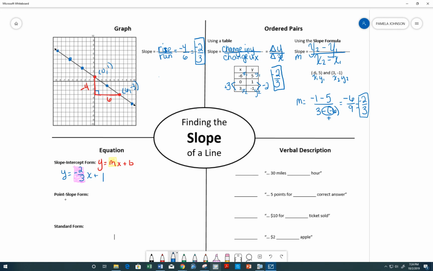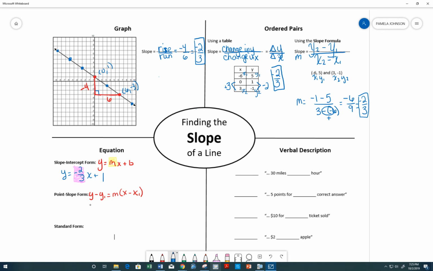Now, point slope form. This is a new form that you may not have seen before. With point slope form, it's y minus y1 equals m times x minus x1. Okay? This is a formula that uses your slope and any point that is on your line. Okay?